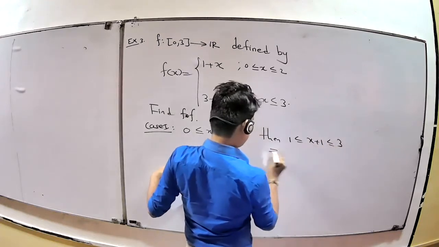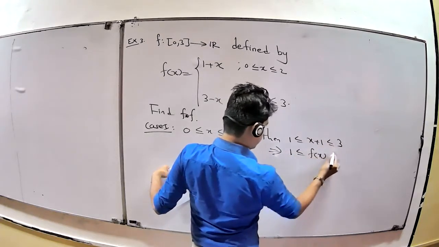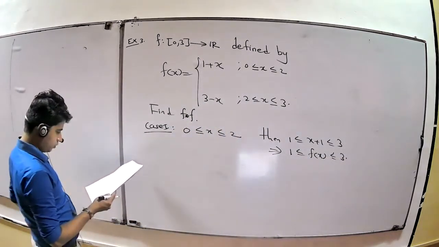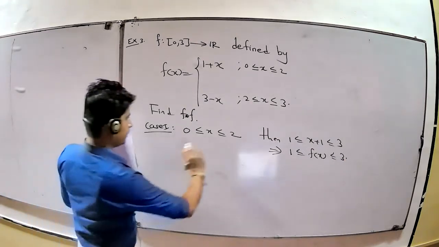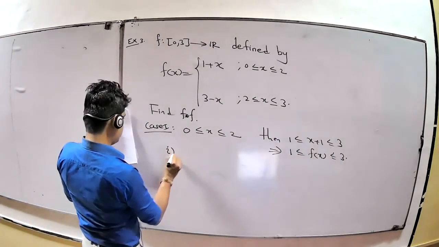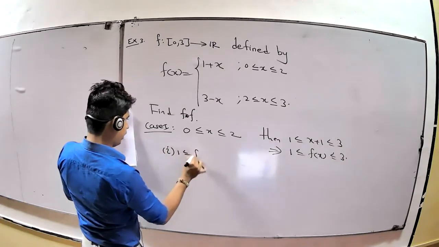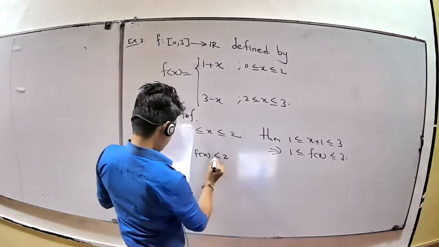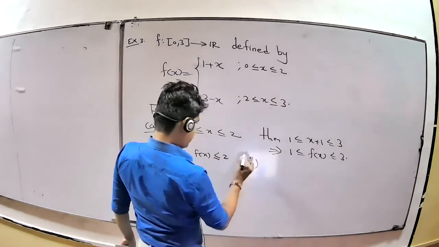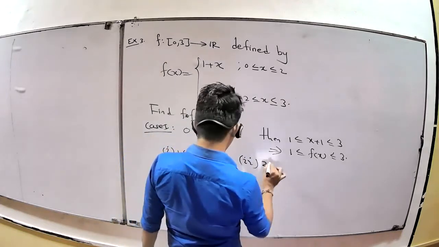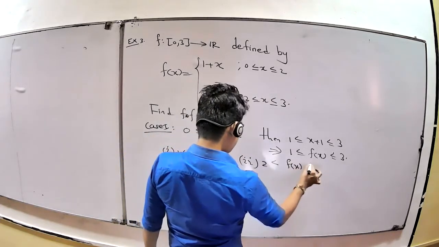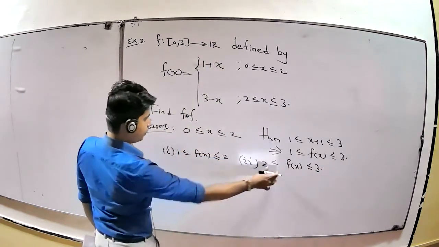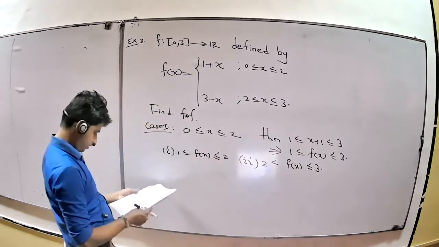It is your f of x, so 1 less than or equal to f of x less than or equal to 3. Therefore, the range of f of x is 1 to 3. Therefore, we can separate this interval into sub cases. For this case 1, the interval f of x up to 2, and another case, 2 less than f of x less than or equal to 3. For case 1, there are sub cases. For this case, we want to check first.